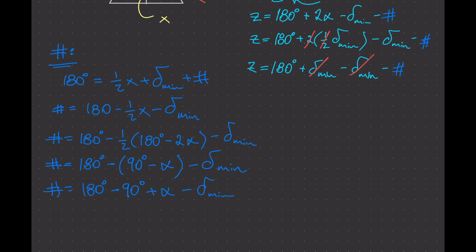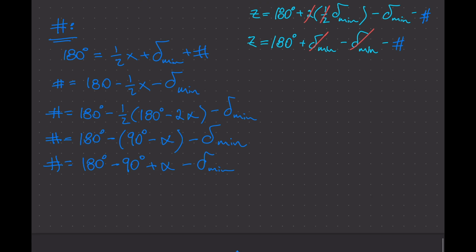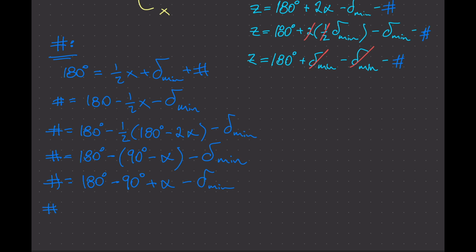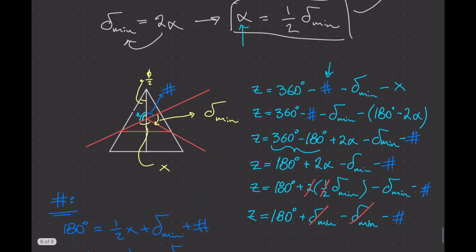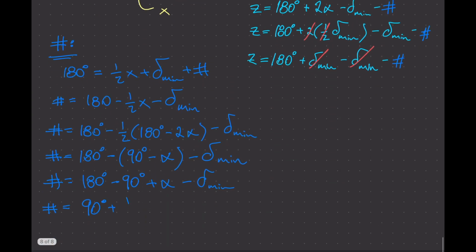Looking good. So 180 minus 90 will give us just 90 degrees. We can write this down here. Checking to make sure what alpha is, replacing that with 1 half delta min. And then I can carry over this final negative delta min.